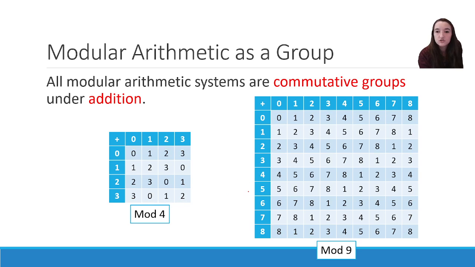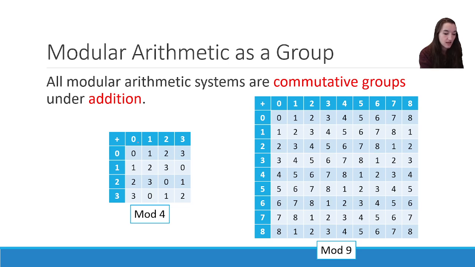So we've got closure. Our identity is 0. It's always the additive identity when we're working with normal addition with zeros in it. We've got inverses. There's always a way to get back to 0. We've got associativity because, again, it is just addition, even though there's some extra funkiness to it.